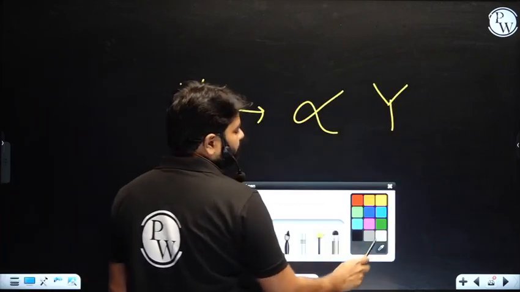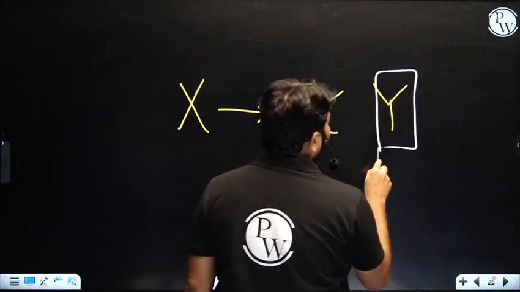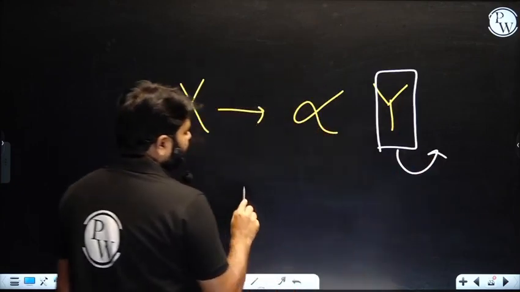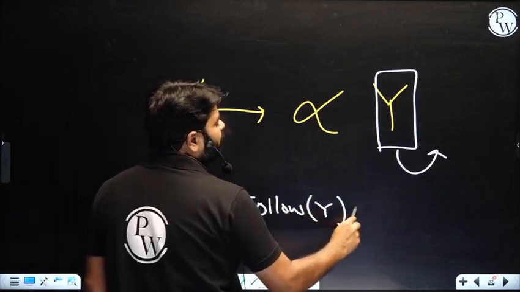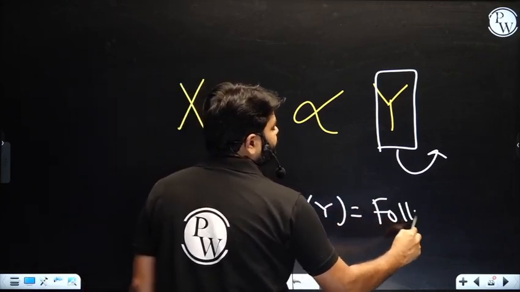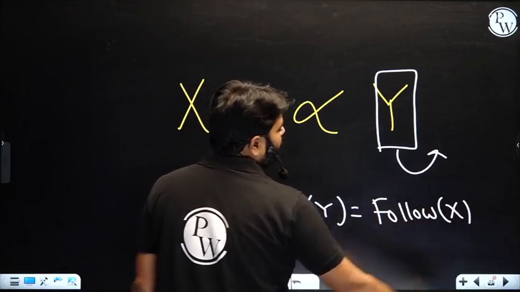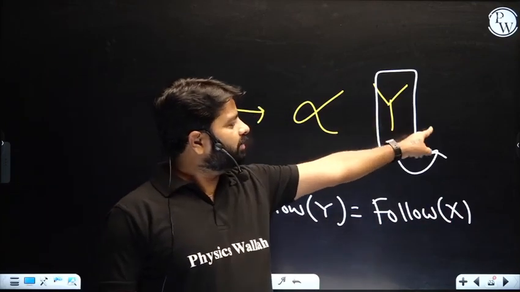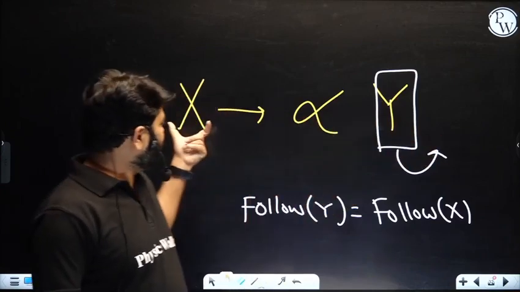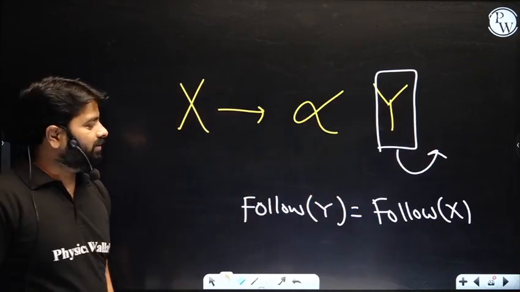Now you want to compute who is after this. Then follow of Y, you should say that depends on follow of X. We keep this point in mind. If you are looking to compute the follow of Y, but nobody is there, you should compute follow of X. That's it.